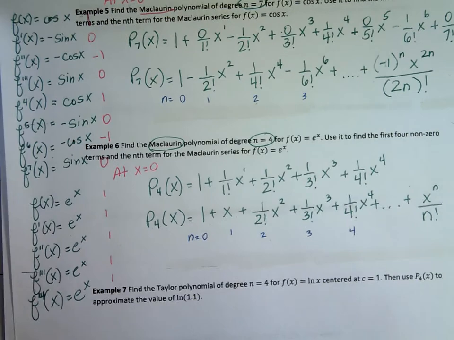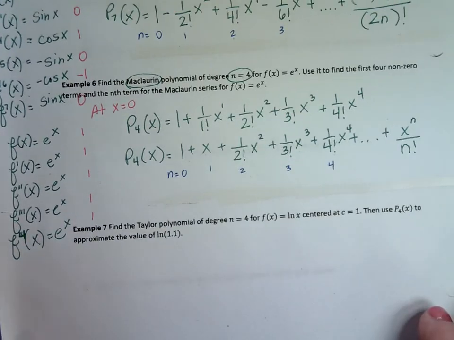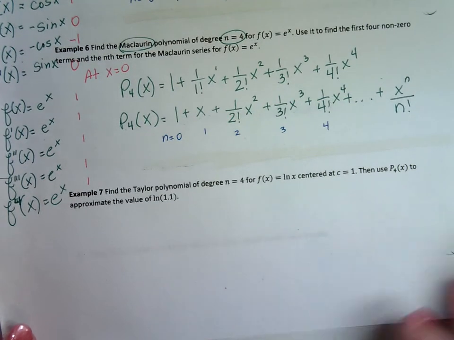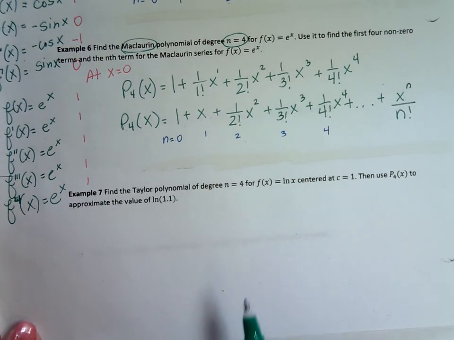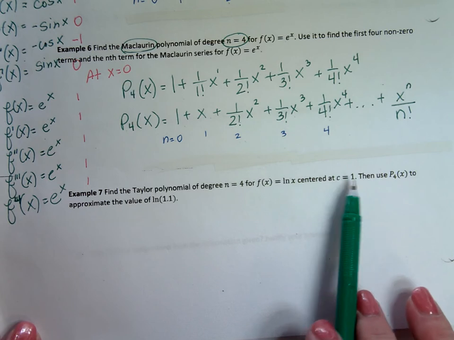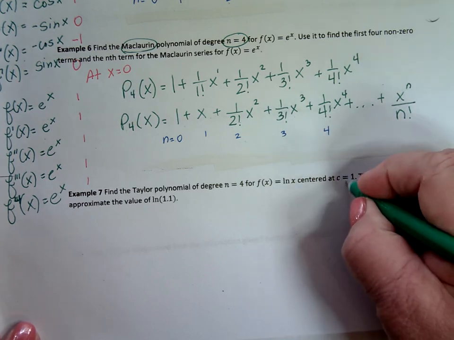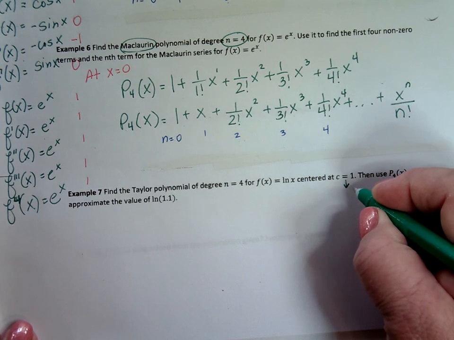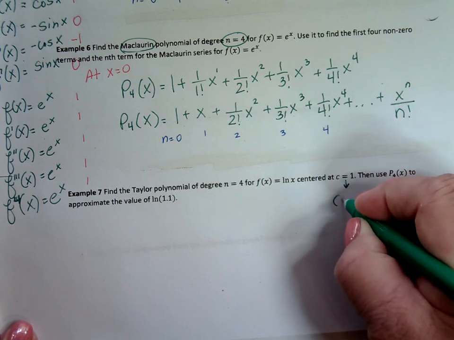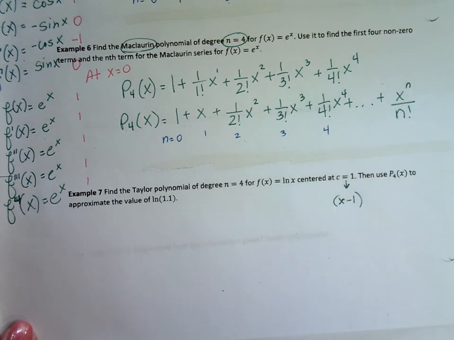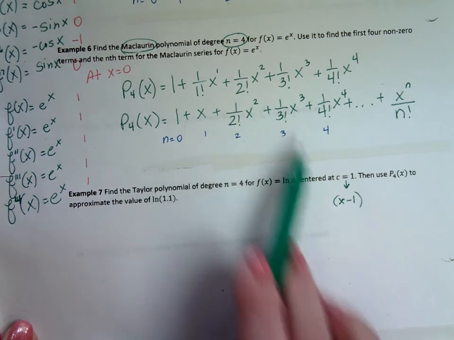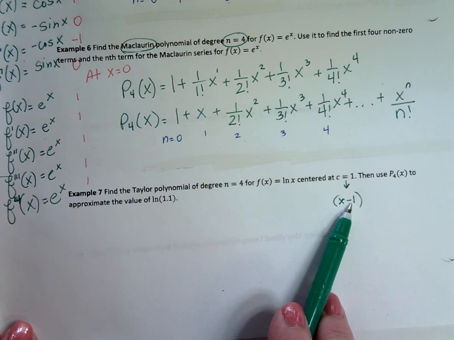Example 7. Find the Taylor polynomial of degree 4. We have to go 4 derivatives, for ln of x, centered at 1. That means that each of your groupings this time, you have a grouping where your center's not at 0. It's going to create this x minus 1 grouping in these places where you have x's. So that's going to be the difference with these Taylor polynomials because the center is not 0.